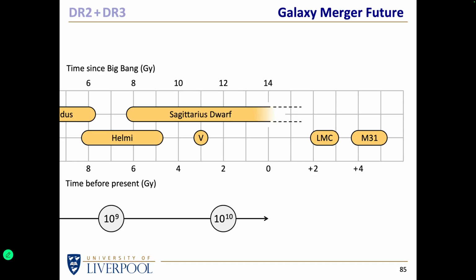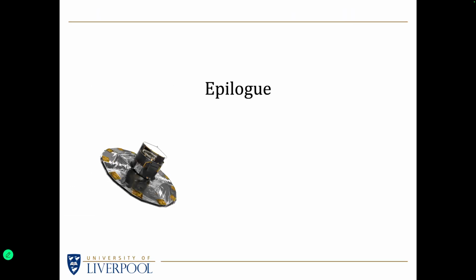We think it's going to collide with us. We're not sure if it's going to be a head-on collision or a glancing blow, but with higher precision, even at the distance of a couple of million light years, it might be possible to get the parallax and hence the distance and hence the motion of these stars in Andromeda to see how we are going to interact in the future.